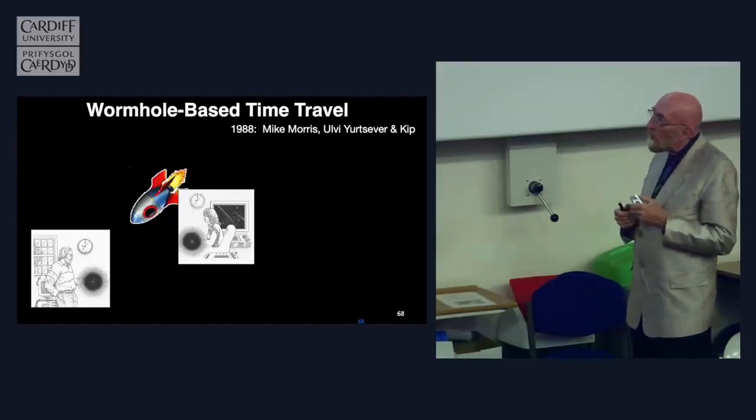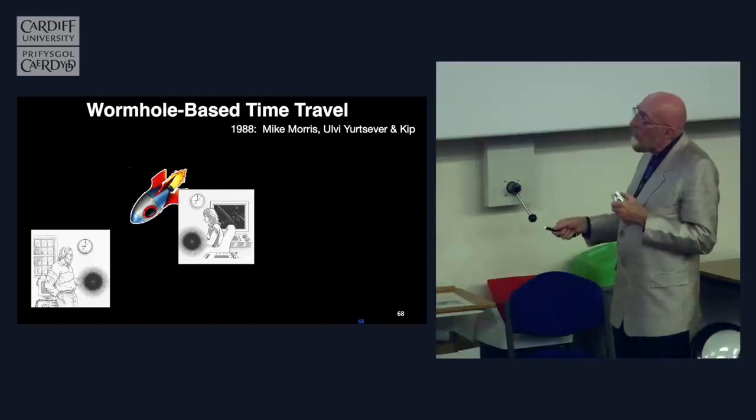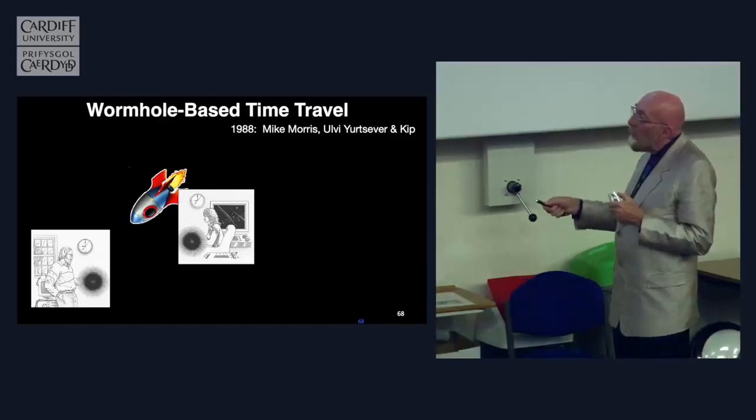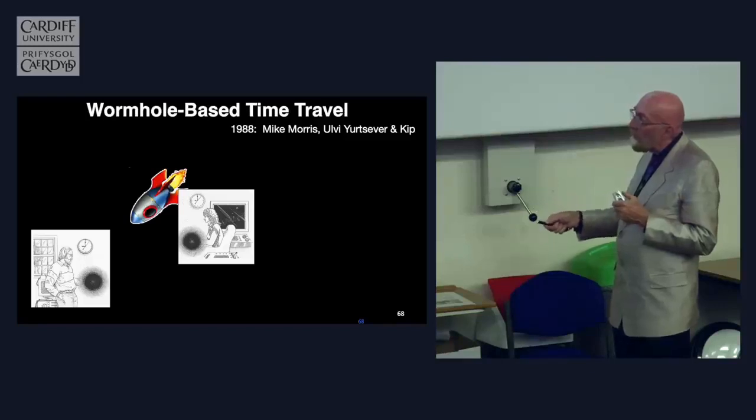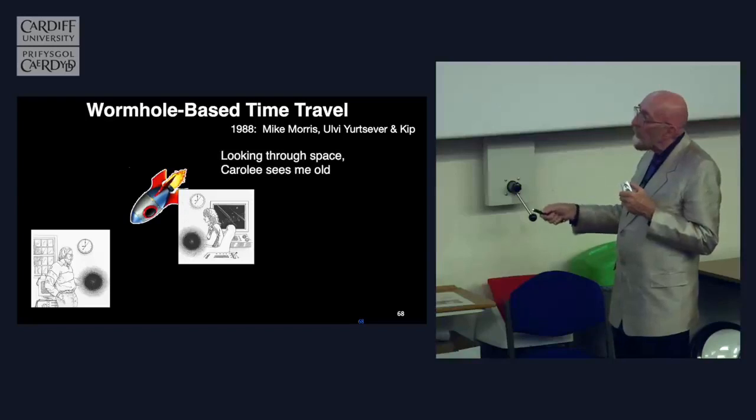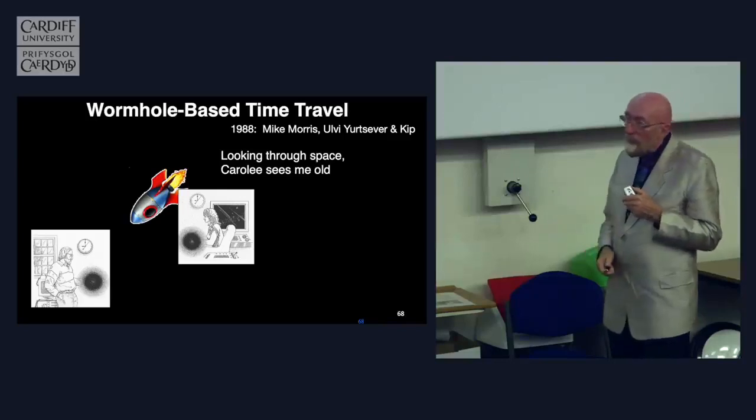Now, there's something called the twins paradox, which says that she will age much less than I do. She may have aged a few hours or a few months, and I may have aged a few years when she goes out and comes back. And so I'm an old man, and she's still quite young, as we see each other looking through the external universe.